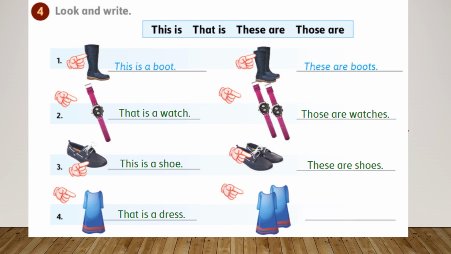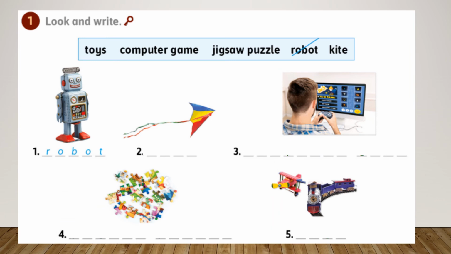We say those are watches, and the shoes, we say those are shoes because we are pointing from a very near place. But for these two dresses, we say, excellent. Those are dresses. Why? Because the pointer is from a further place. Excellent. Thank you.